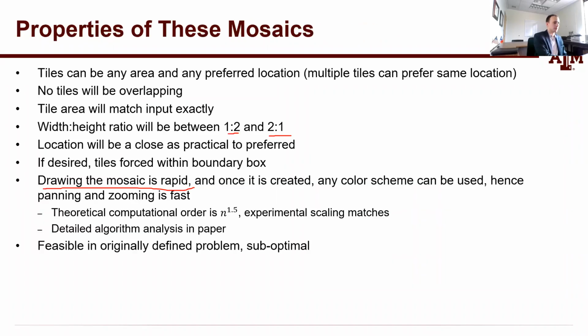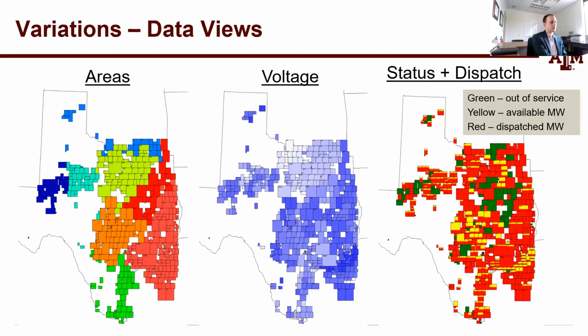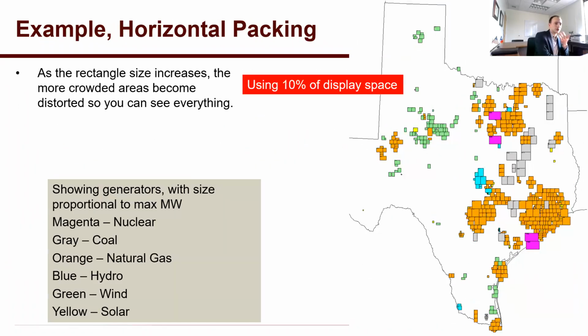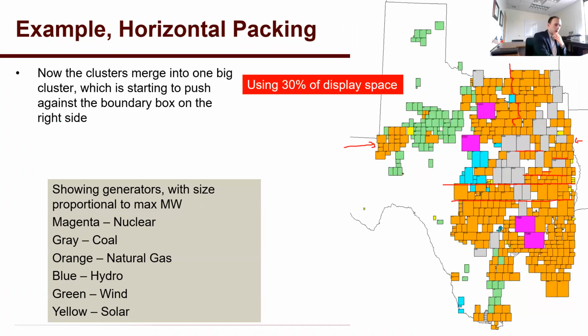One of the things with these mosaics is, like I was showing with the different sizes here, do we want the ability to change the size dynamically? You could certainly do that. That's not built into any software right now that I know of, but it definitely could be a possibility.